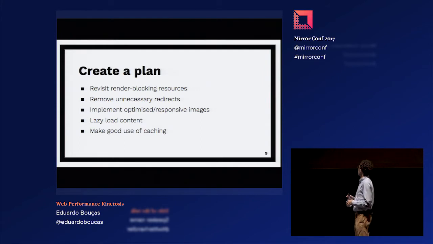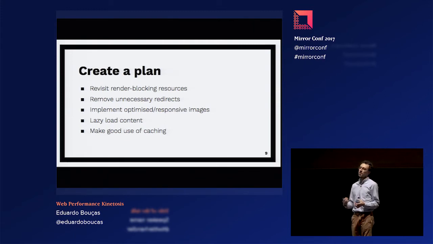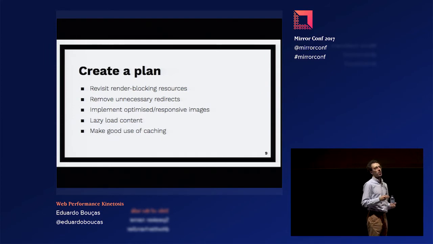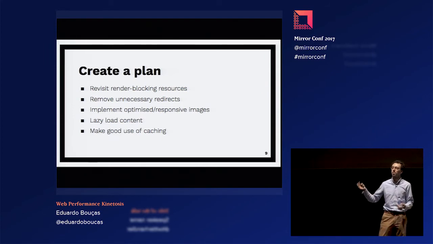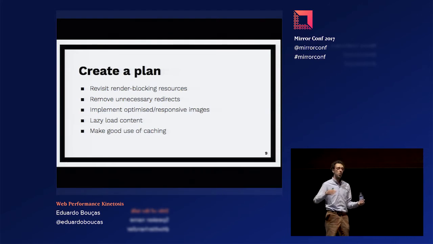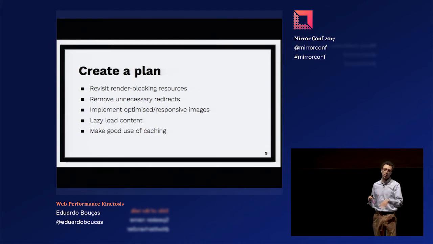You can try things like revisiting any render blocking resources. So if you have tons of JavaScript and CSS files that are being loaded at the top of your page, then until they are downloaded and parsed and executed, everything is stopped, people won't see anything on the screen. So perhaps you can revisit them, load them at different stages, or load them asynchronously if you can.